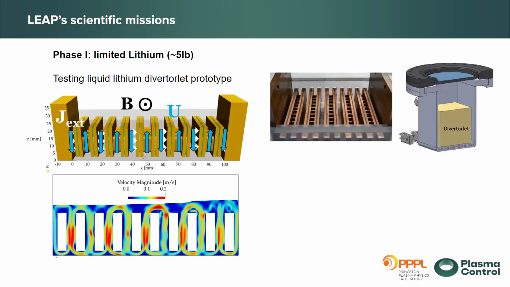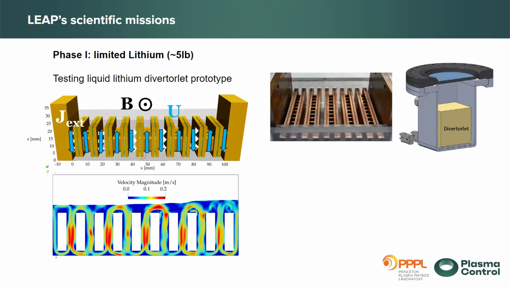For the scientific missions, once this is built, we're probably going to separate this into two phases. The first phase is working with limited lithium, where we either try to make the loop work, or we separate the test sections from the loop and focus on a non-flowing, closed system.